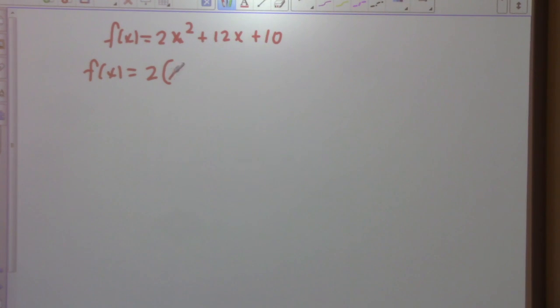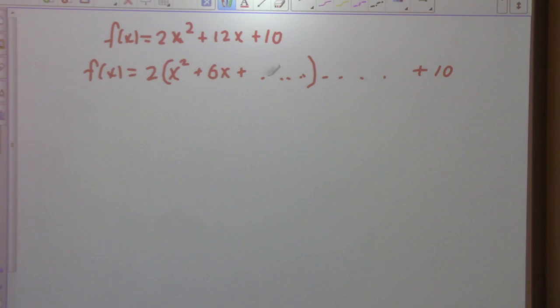And then likewise, we take a 2 factored out of this 12x, what's going to go here? Plus 6x, right? And then plus something here, plus 5. And then we're going to minus here, and then we're going to put plus 10 at the very end.